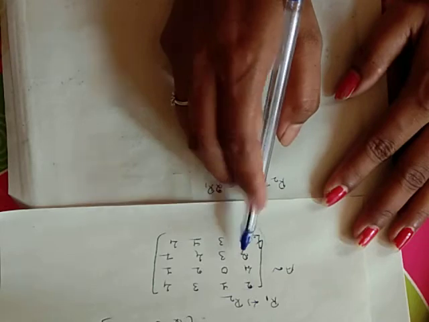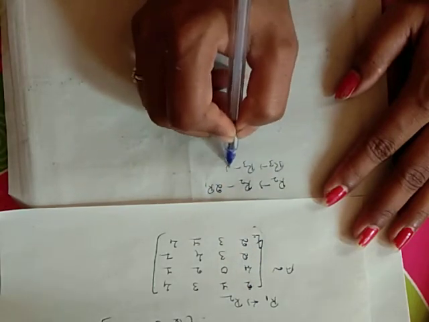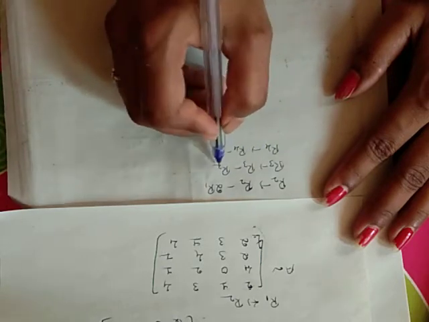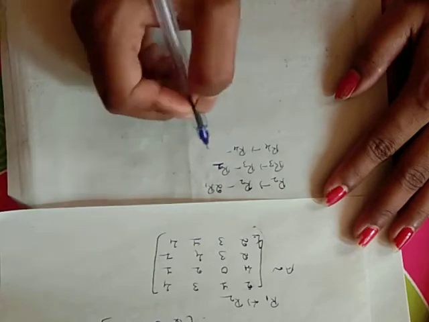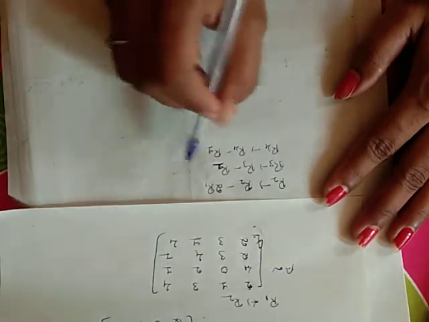Next, R3, 2 minus 2, 0. So R3 tends to R3 minus R1, and R4 tends to R4 minus R1.